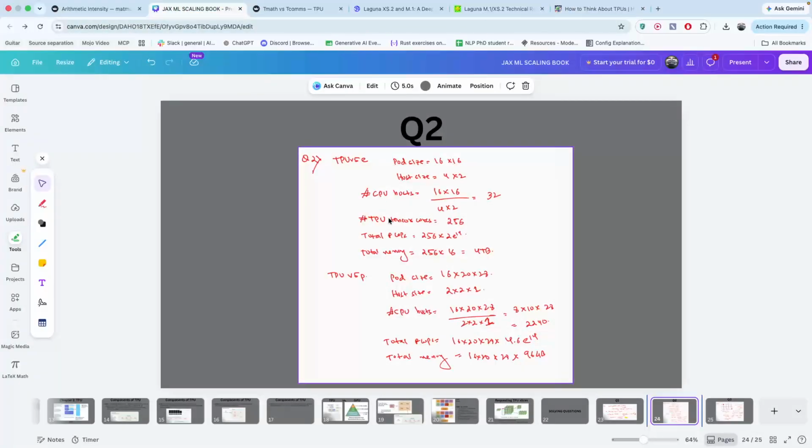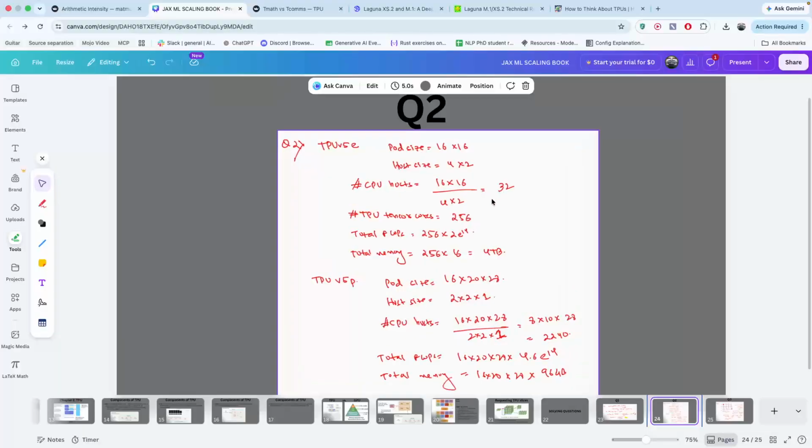You have a pod size of 16 comma 16, and your host size is 4 comma 2. So the total number of CPU hosts is the pod size divided by what each host is responsible for managing, 4 comma 2. So you have 32 CPU hosts.